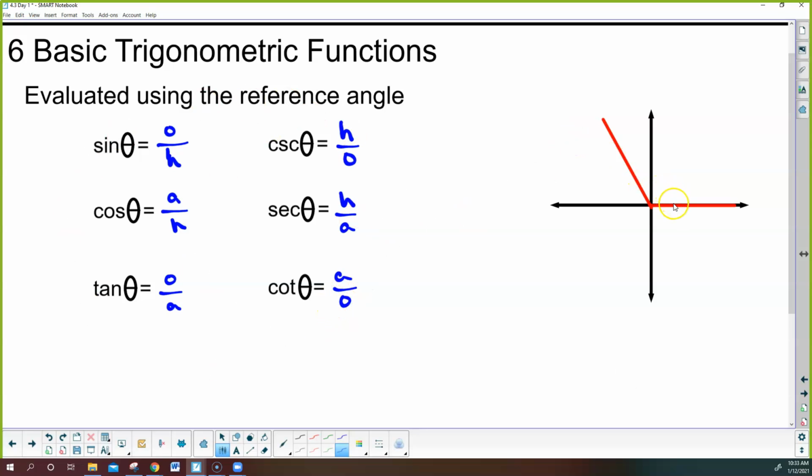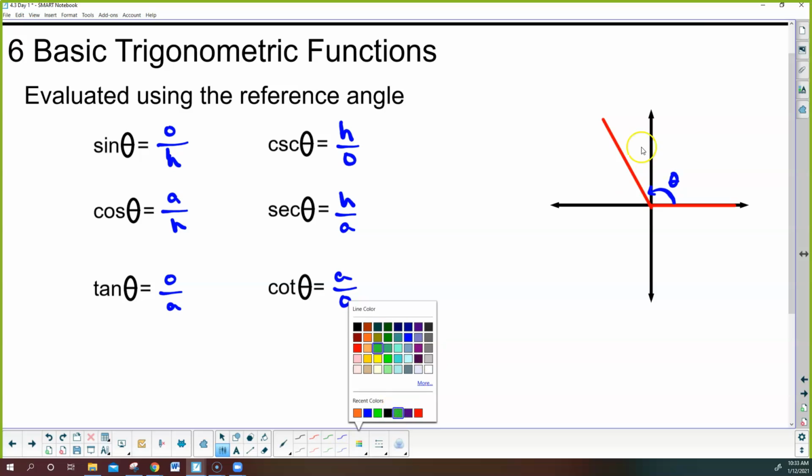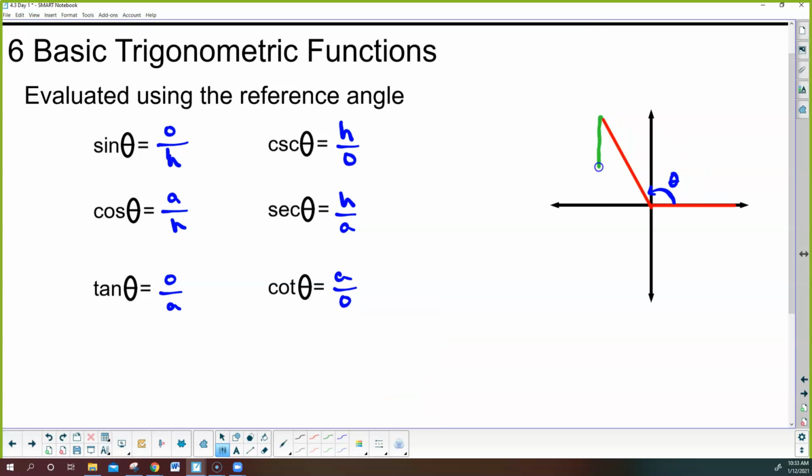But what if I have an angle that goes right here? I can't use this quadrant, I have to use the reference triangle. So this is the importance of where the reference triangle now comes in. And the angle of reference is always going to be right here. So this is how far we move to get to the terminal side, but then our reference triangle is always by the x-axis.